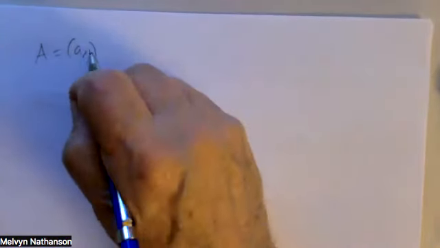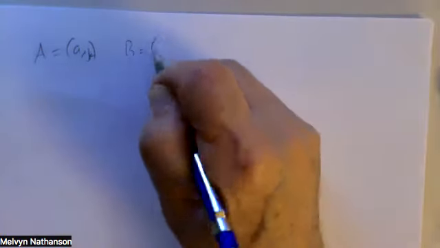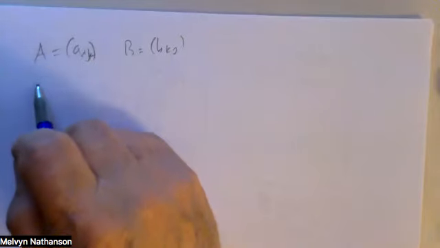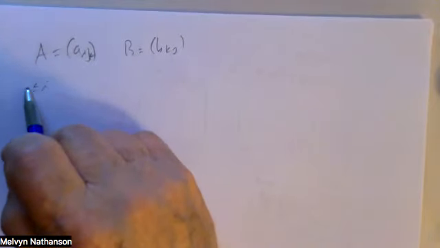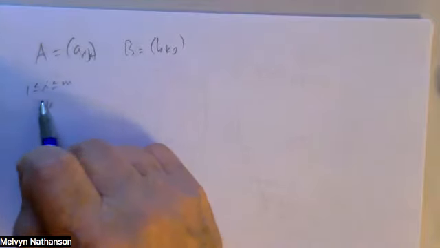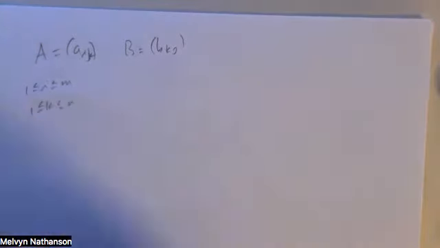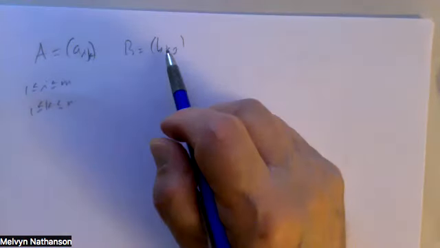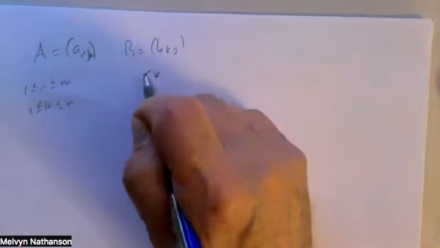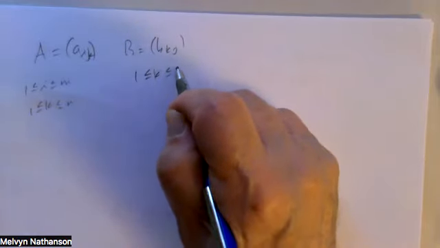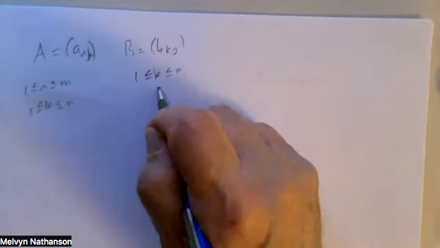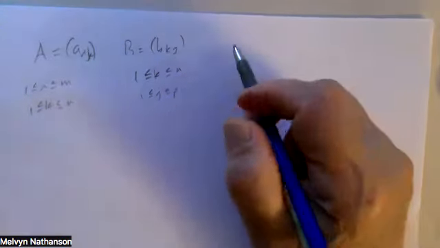So let me write it down formally, and then I'll do some examples. And from the examples, you should get the idea of what is going on. So we have A is Aik, B is Bkj. So here, i goes from 1 to m, and k goes from 1 to n. This matrix has m rows and n columns. This matrix has n rows and p columns.